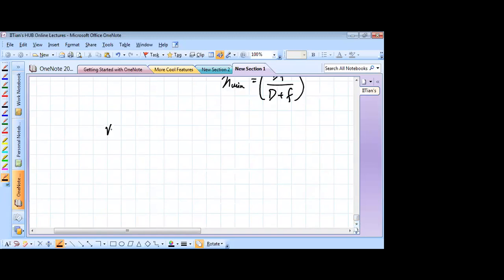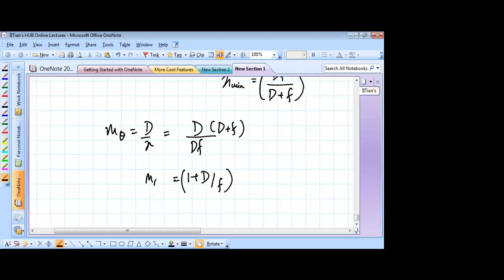And now angular magnification, which was d by x, becomes 1 plus D by f.